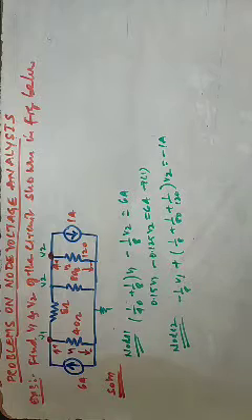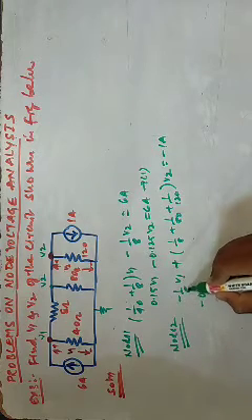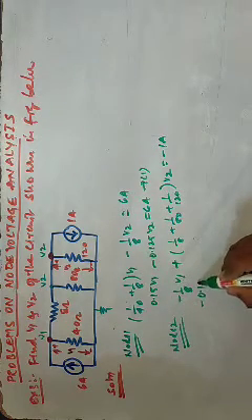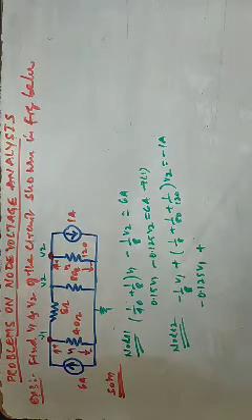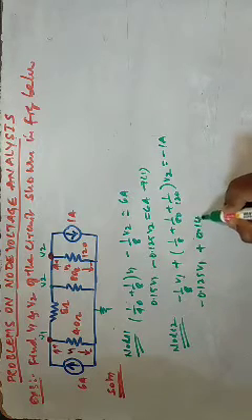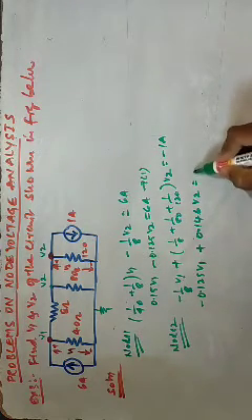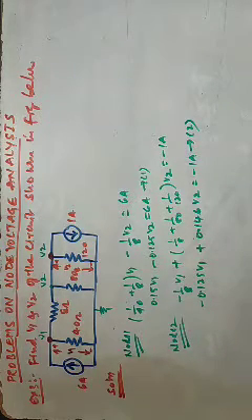So minus 1 by 8 is minus 0.125 V1 plus the summation of all these, 0.146 V2, is equal to minus 1 ampere. This is equation number 2.